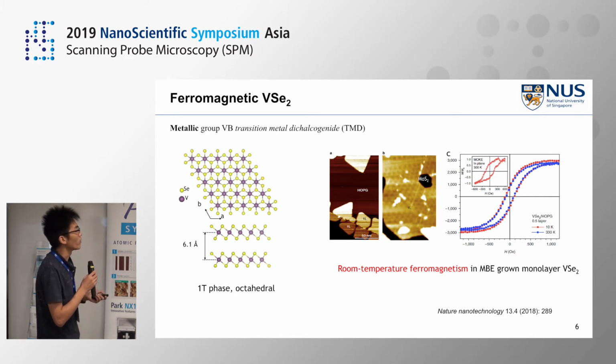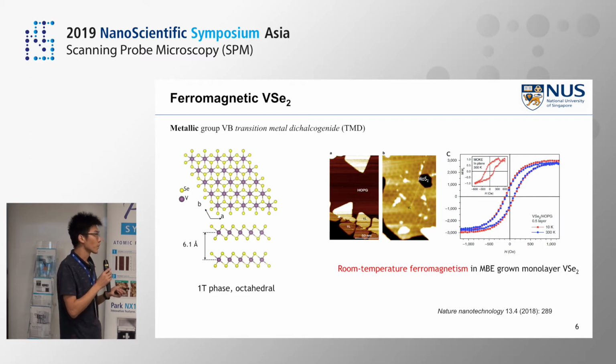Here we are focusing on ferromagnetic vanadium diselenide, VSe2. VSe2 is a typical 1T phase transition metal dichalcogenide, as you can see from this crystal lattice.